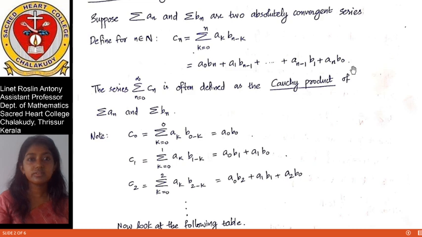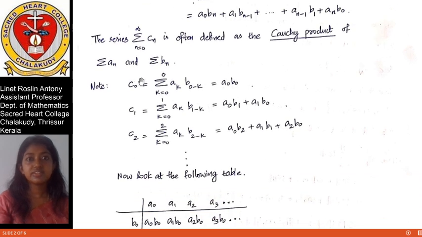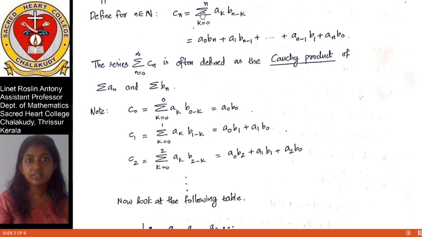So here you can see, as an illustration, C naught will be equal to A naught B naught. That means for C naught the n here will be 0, so we will be left with just A naught and B naught. C1, n is 1, that means we have A naught B1 plus A1 B naught. C2, we have n as 2 here, and that will be A naught B2 plus A1 B1 plus A2 B0.